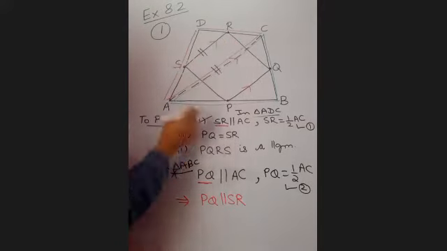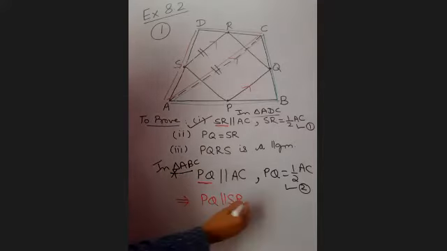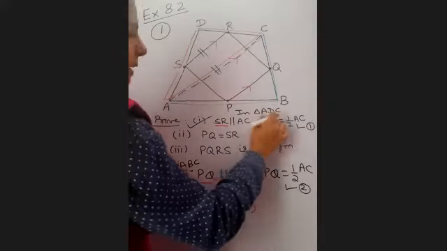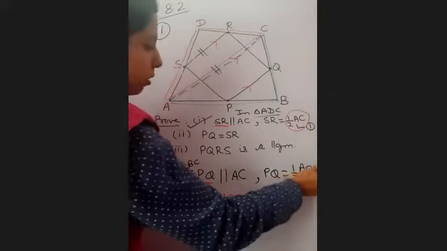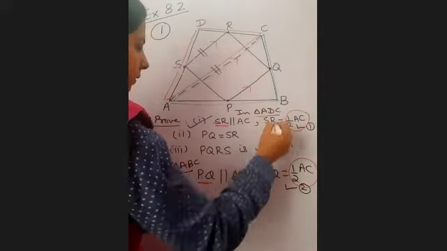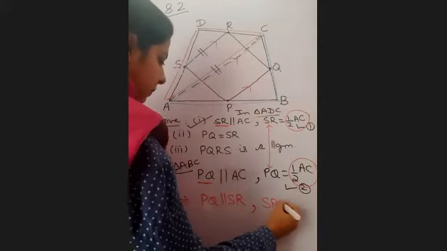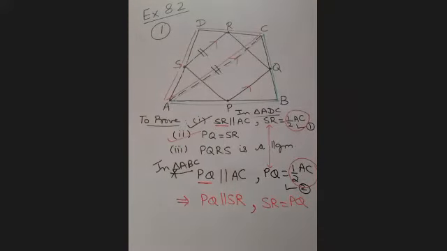So that means SR and PQ are parallel. SR is half of AC, PQ is also half of AC. So what is the conclusion? Both are equal. Is it what we need to prove in the second part? Yes, ma'am.